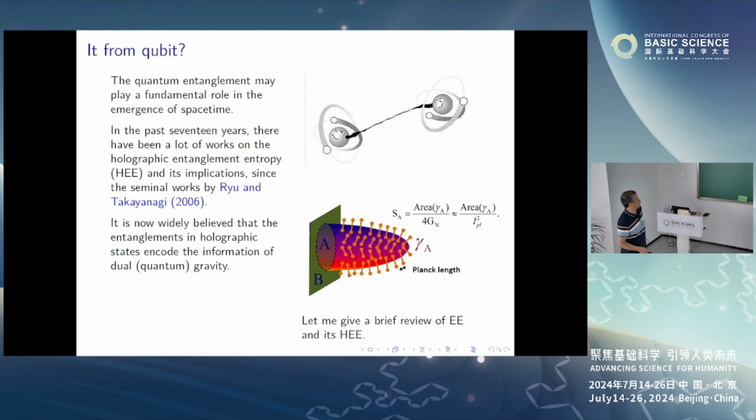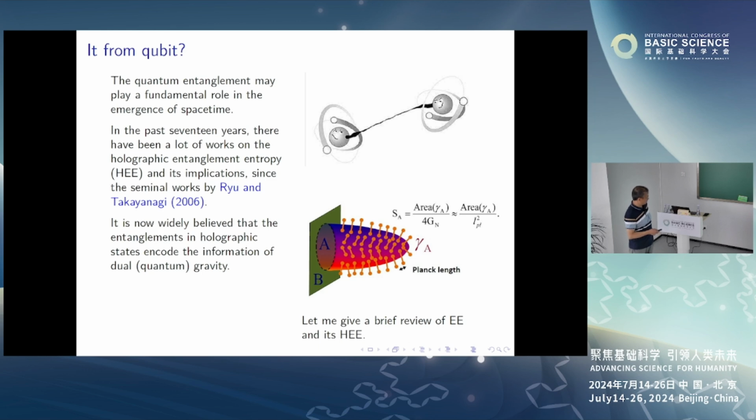We know that in the past more than 50 years, one of the most important developments in the AdS correspondence is the introduction of entanglement in the playground.